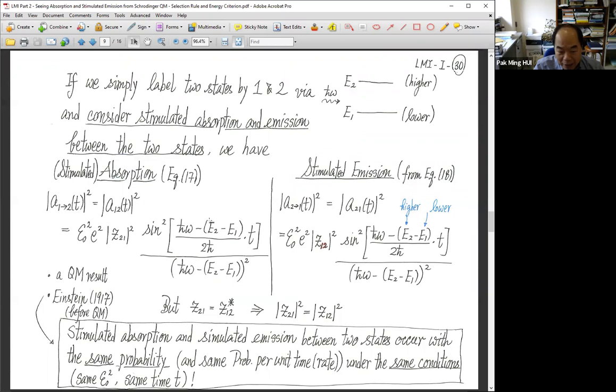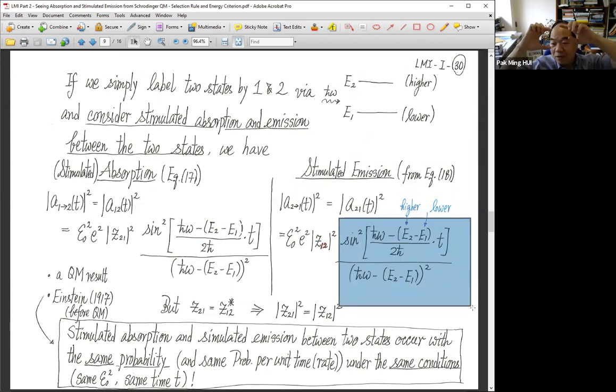Absorption will require h bar omega equals E2 minus E1. 2 is the higher one, okay? So you will have this factor, all right? For stimulated emission, okay? Again, you will have the same form.